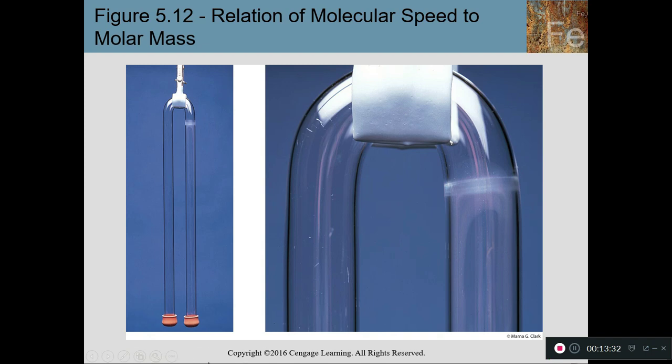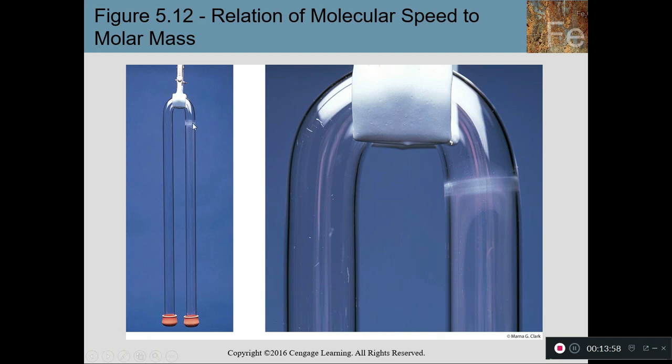You put a little puddle of hydrochloric acid in one and a little puddle of ammonia in the other of these 2 little cups. What's going to happen is they both are going to fume. The gas molecules are going to escape the very, very concentrated acid and very, very concentrated ammonia. And when ammonia reacts with hydrochloric acid, you make a compound called ammonium chloride, which is a solid.